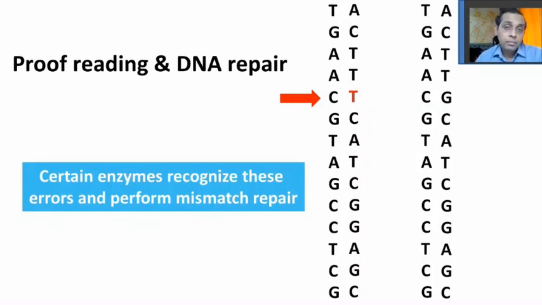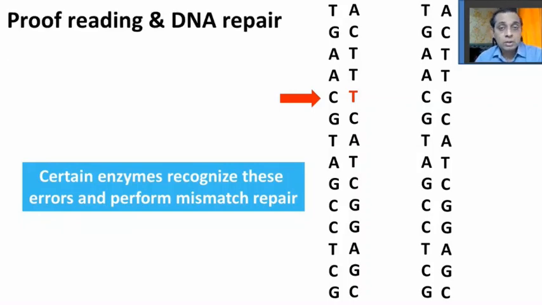For the correction, again it is the same enzyme, DNA polymerase, going to do the necessary correction and replace the thymine with the guanine nucleotide and it is going to be repaired. So this is basically the proofreading and DNA repair. Hence, the chances of mutations are very low because of these proofreadings and DNA repairs.